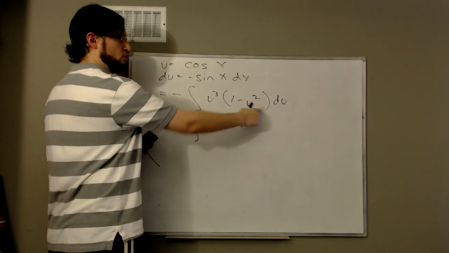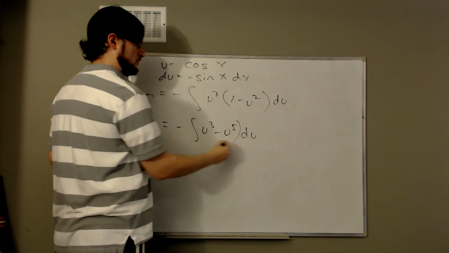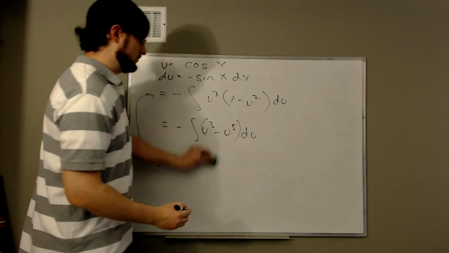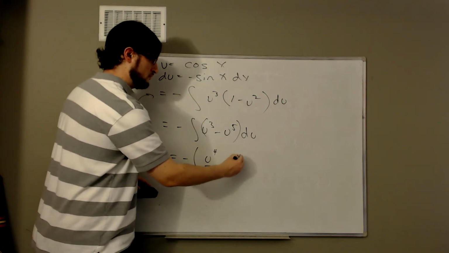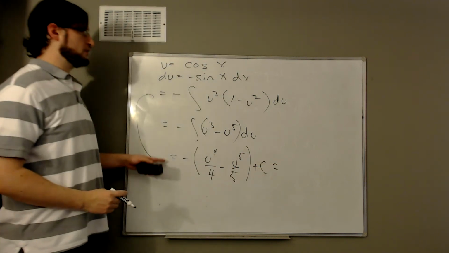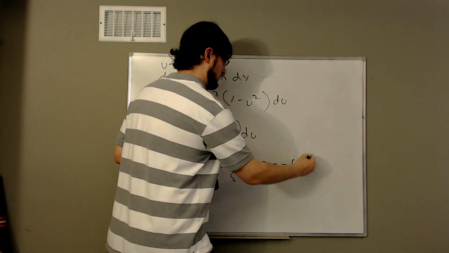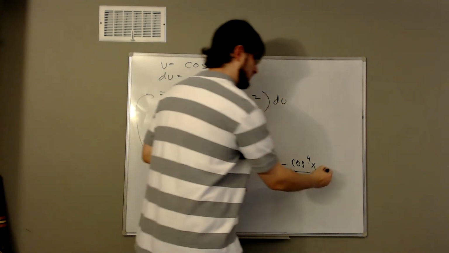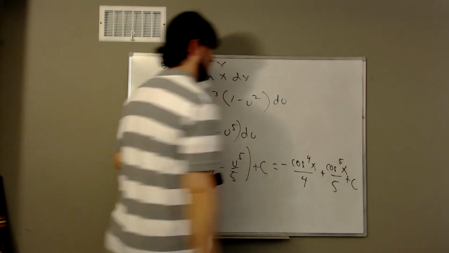We can push the u cubed through, and then integrate each piece. And finally return it to cosine. And that's our answer.